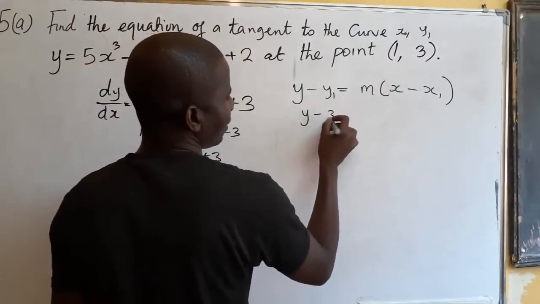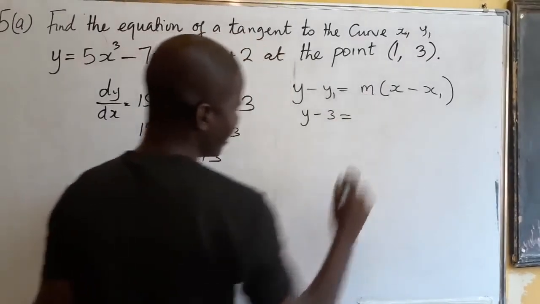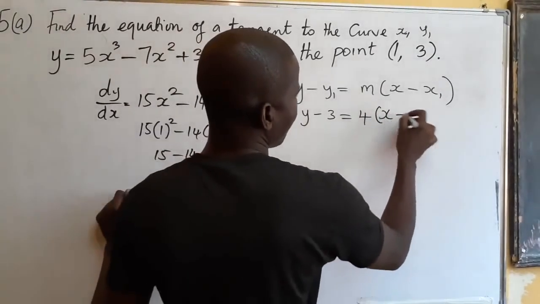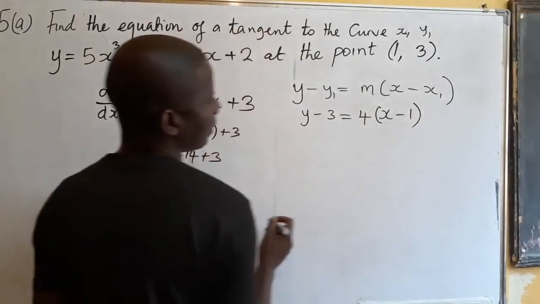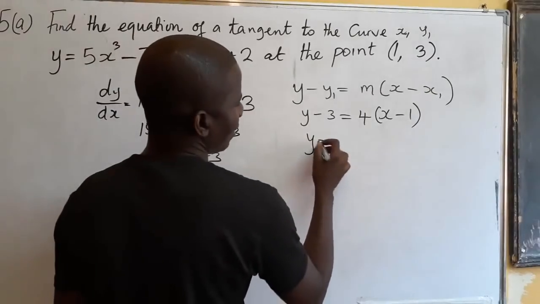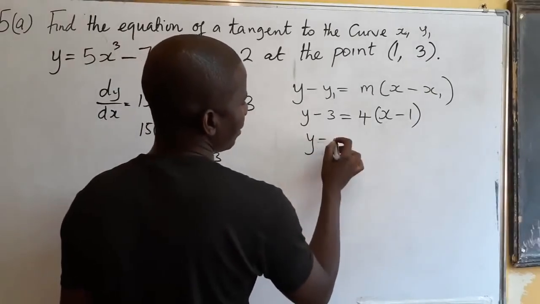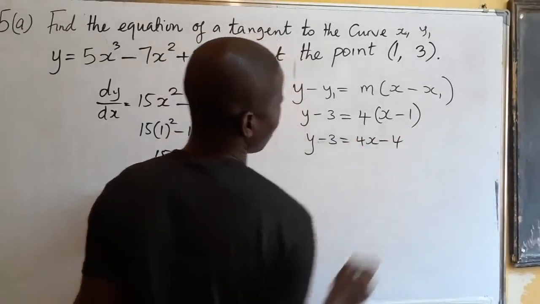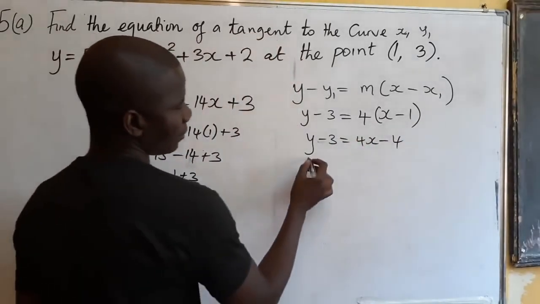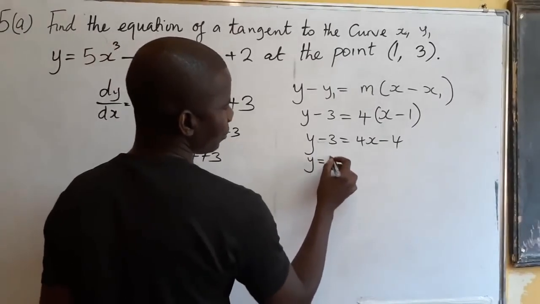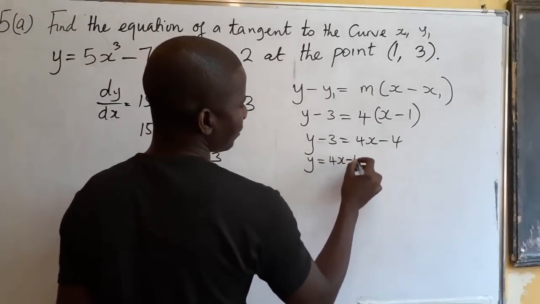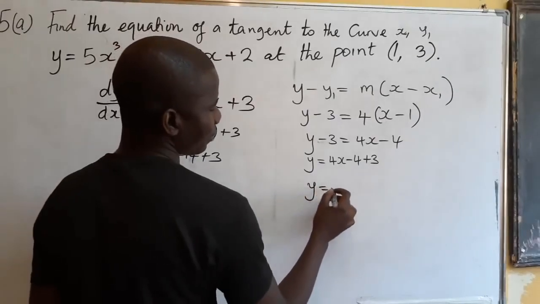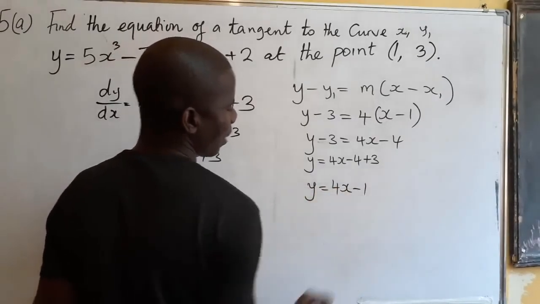So we have y minus 3 is equal to the gradient, our gradient is 4, x minus 1. So we have y minus 3 is equal to 4x minus 4. Okay? So we can say now y is equal to 4x minus 4 plus 3, then y is equal to 4x minus 1.